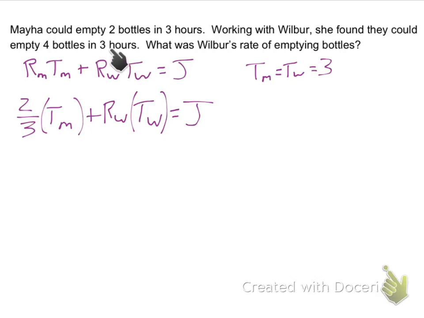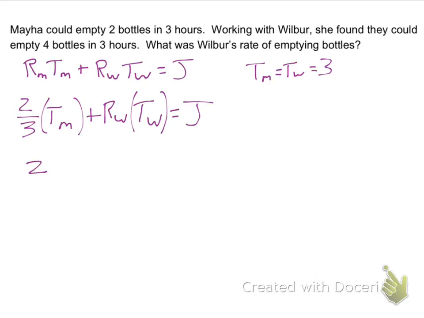In those 3 hours together, they will finish 4 bottles. Let me backtrack on that one. That would be their rate together, overall, yes. But we're not going to use it as a together rate. We're going to use it as a time and a jobs.